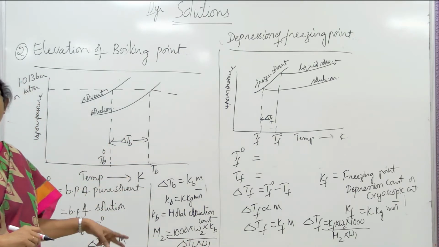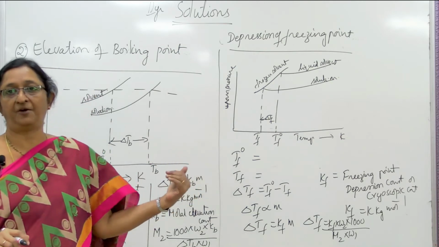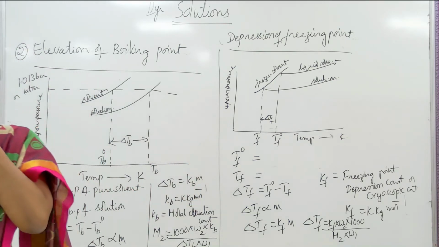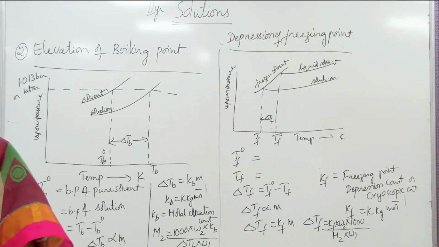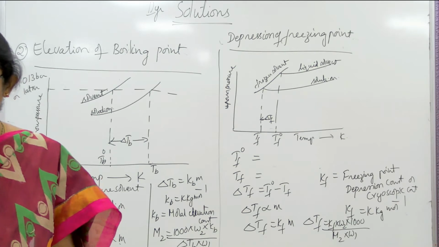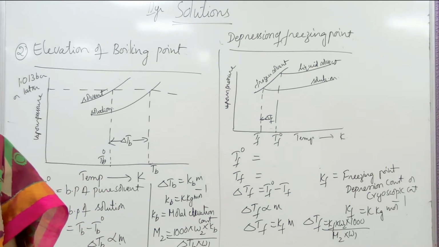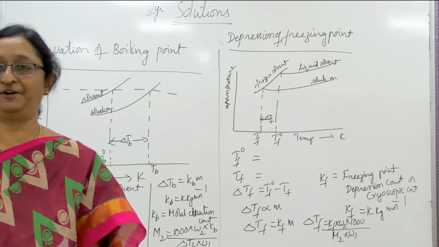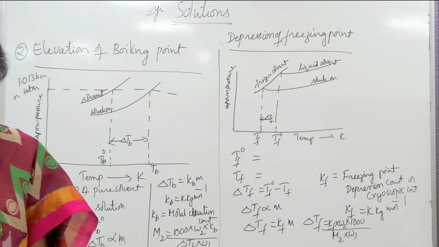So, the molar mass of the solute can be found out with this relation: 1000 into W2, that is the weight of the solute, into the molal elevation constant, divided by the elevation of boiling point into the weight of solvent. So, this is all about the elevation of boiling point.